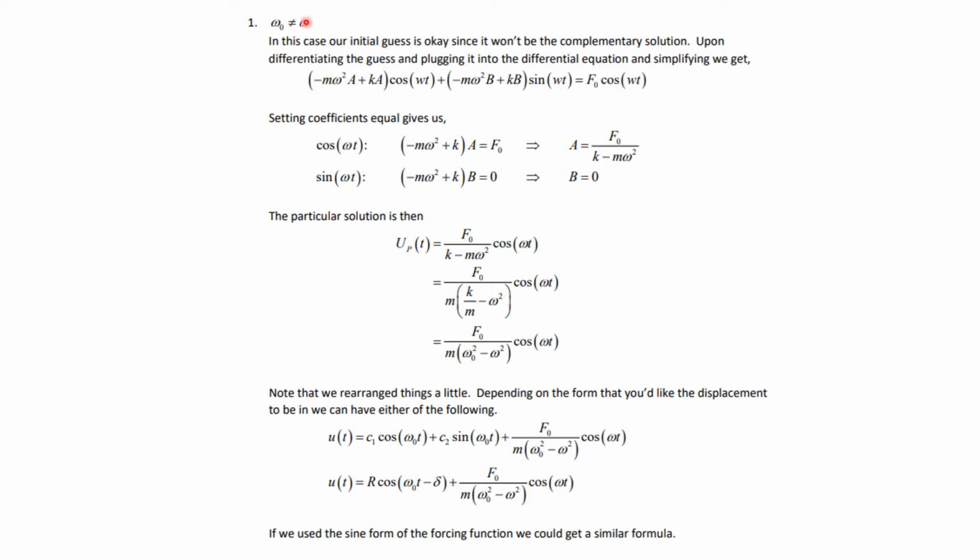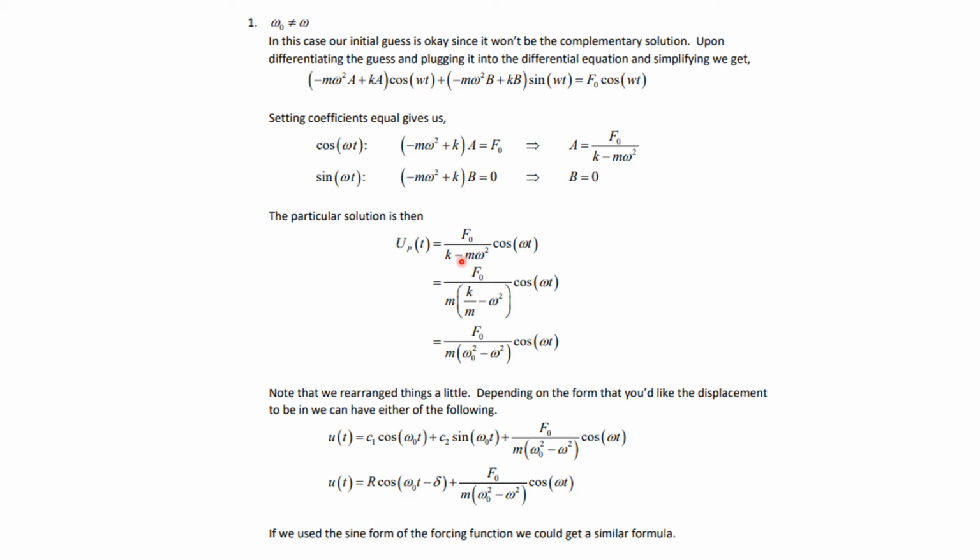Since omega is not the square root of k over m, this factor is not going to be 0, so we can divide by it, and we find that a is this number and b has to be 0.